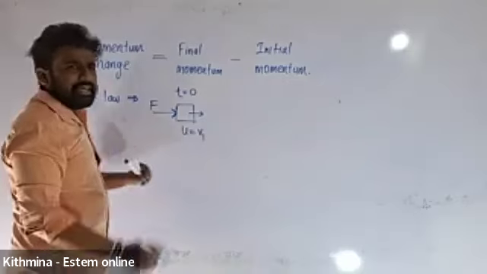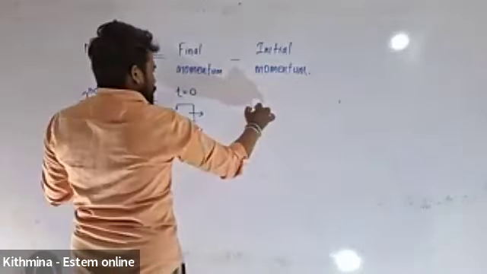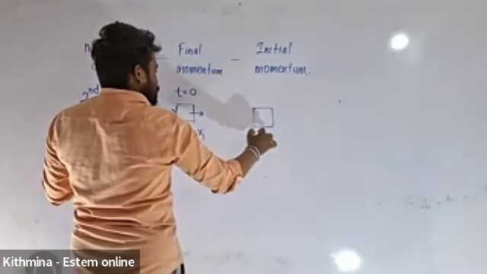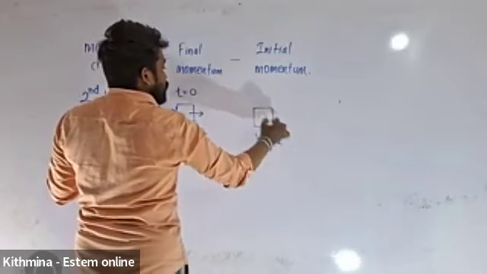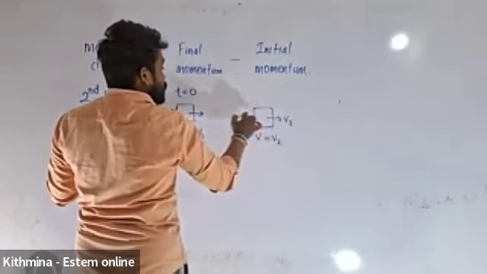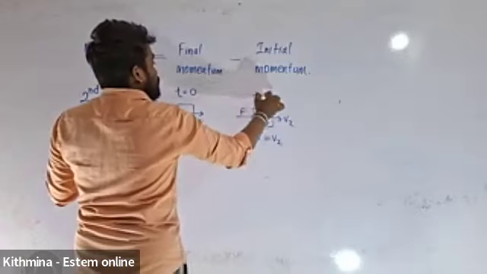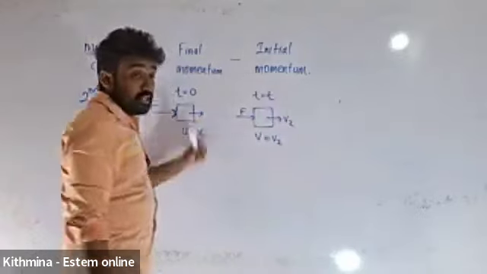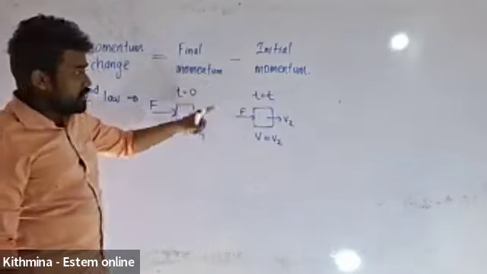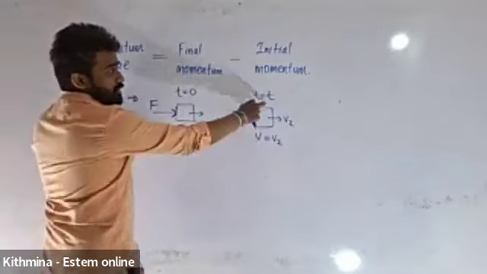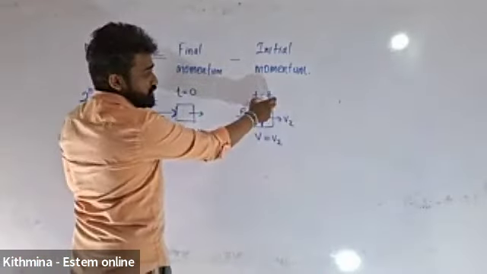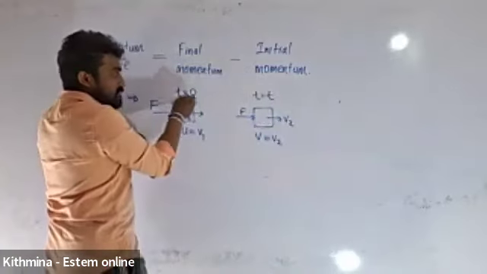Then the final velocity is v2 because of this force. Now the time is t. During the time t minus 0. I know you all know these things. Now t equals 0.